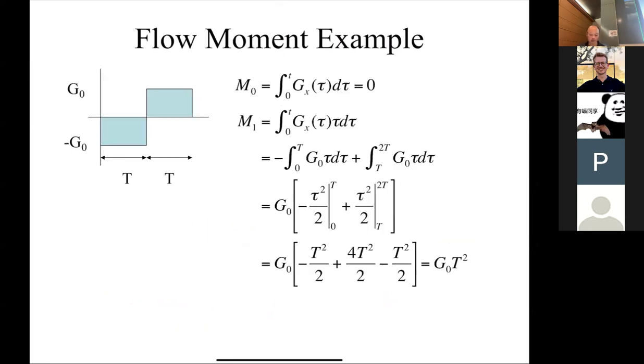And the idea is we have these gradients, just like I just showed you using that physical analogy. We pick gradients that typically have a zero order moment. So this has no net area underneath it, but it has a first order moment. Okay.